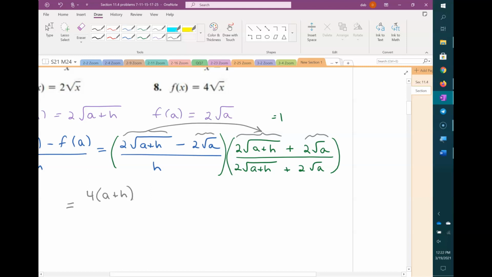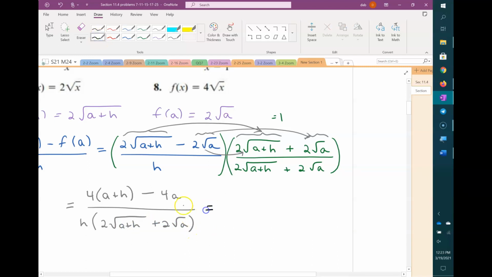Then the whole point of multiplying by the conjugate is that the inners and outers will cancel. They'll be exactly the same but opposite. So then we'll have the lasts, 2 times 2 is 4, square root of a times the square root of a is a. Then in the denominator I'm going to have h, and the 2 times square root of a plus h plus 2 square root of a.